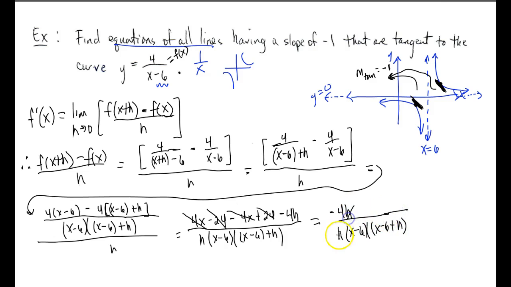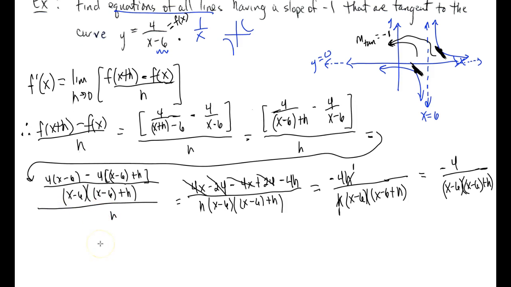The h's reduce to 1, and all we have left is negative 4 divided by x minus 6 times x minus 6 plus h. Now we have a way to express the difference quotient that will allow us to evaluate the limit.